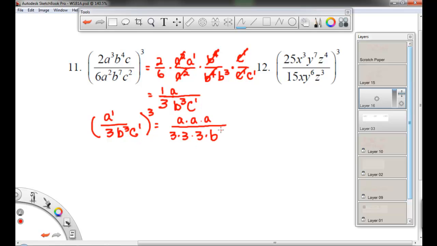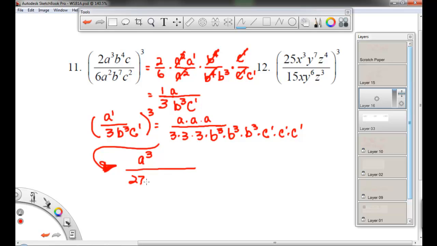B to the third is multiplied together 1, 2, 3 times, and c to the first is multiplied together 3 times. So I know that's a lot of writing there, but this makes it a little bit easier to see what's going on. So a times itself 3 times is a to the third. That's my numerator. Then I have 3 times 3 times 3, that's 27.